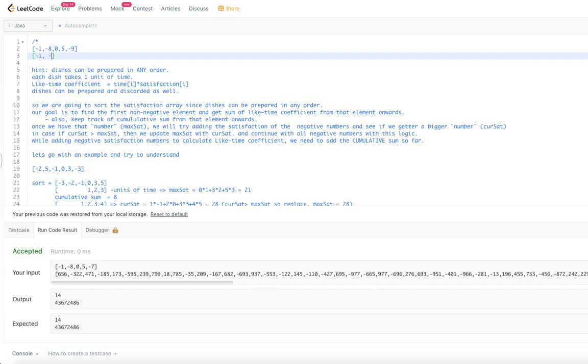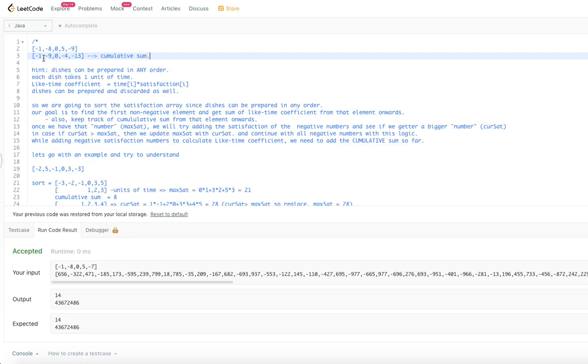Then the cumulative sum will be -9, right? By the second element, you are basically adding the elements. -9 plus 5 is -4, right? -4 minus 9 is -13. So if you see, this is the cumulative sum. This is the sum I am talking about.